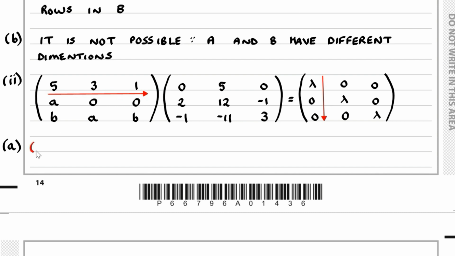So we have 5 lots of 0 plus 3 lots of 2 plus 1 lots of minus 1, and this is equal to lambda.